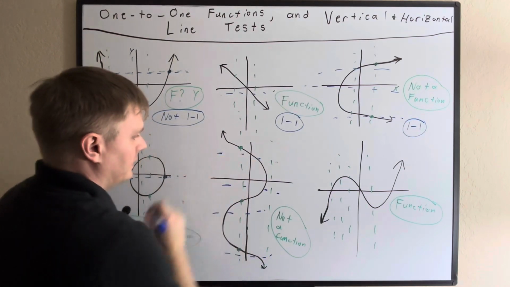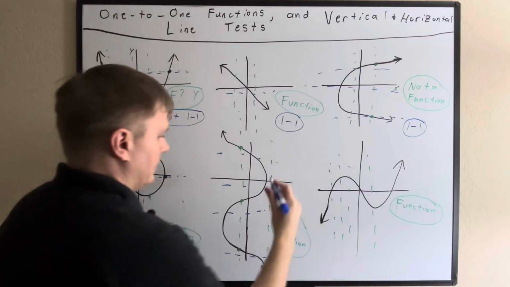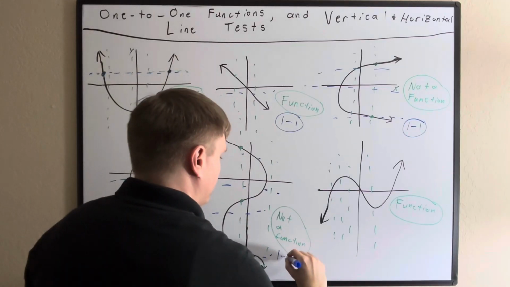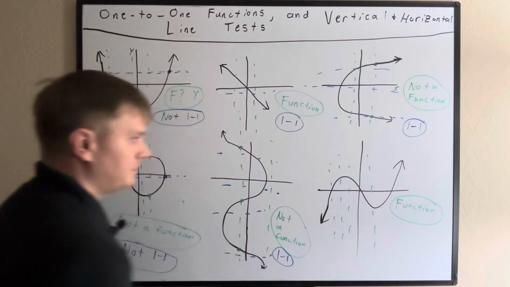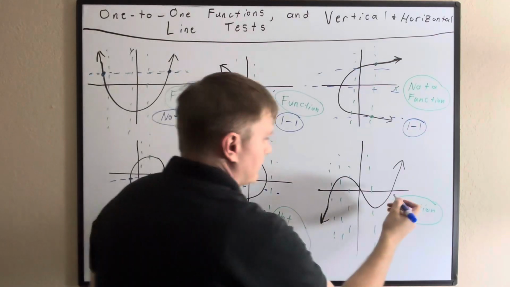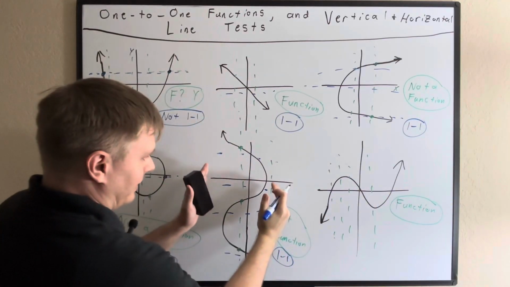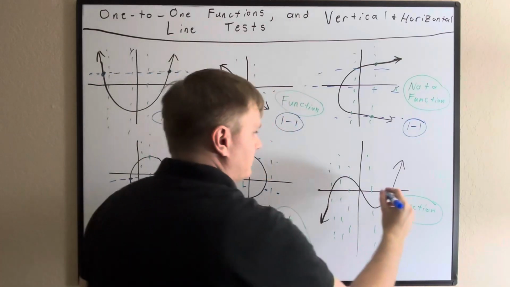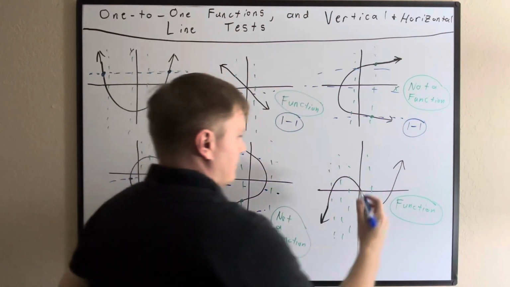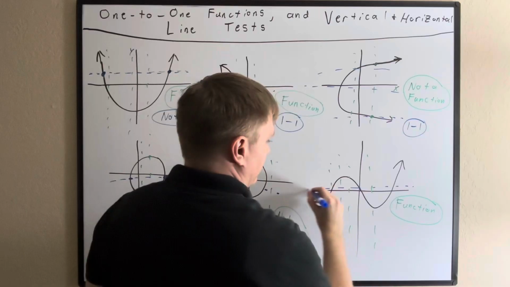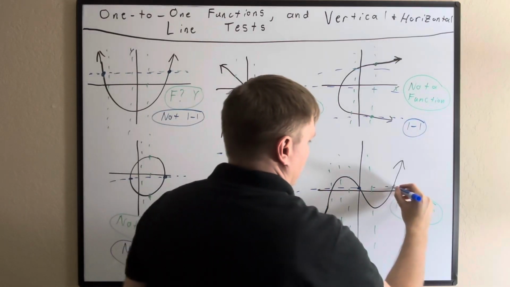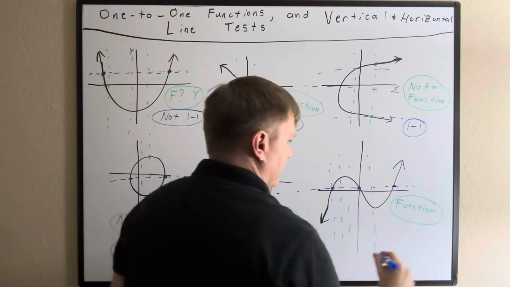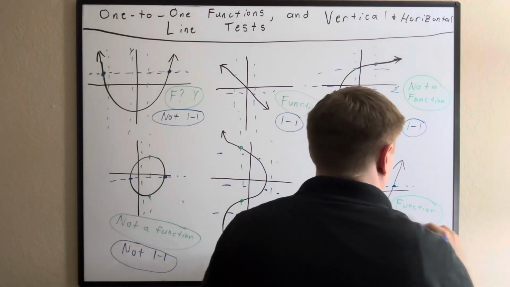Yep. Just keeps going like that. So that's not a function, but it is one-to-one. And this one is just the reciprocal of that, right? Or the inverse, I should say. So it fails the horizontal line test. It is not one-to-one.